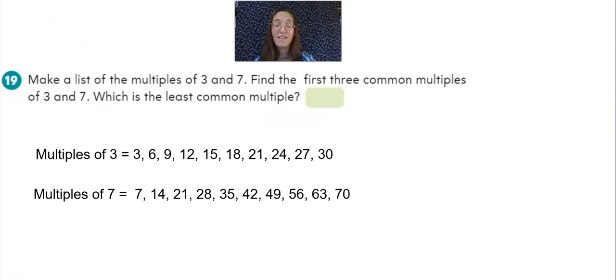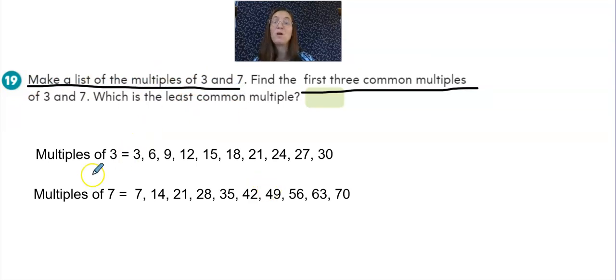So with this question, they're asking us to find the first 3 common multiples of 3 and 7. They've also asked us to make a list of the multiples of 3 and 7. So I've done that for you. Multiples of 3 are 3, 6, 9, 12, 15, 18, 21, 24, 27, 30.